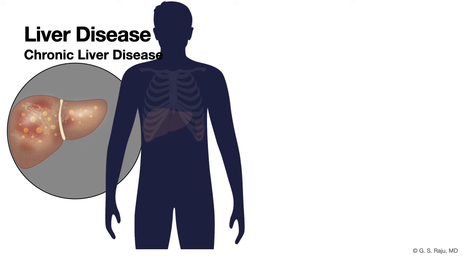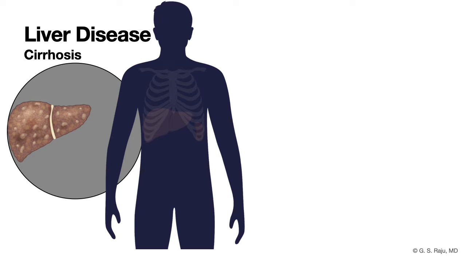And once the liver injury and inflammation results in cirrhosis with fibrosis, especially bridging fibrosis from portal vein to portal vein or portal vein to central vein, in that case, you consider the diagnosis of cirrhosis of liver.